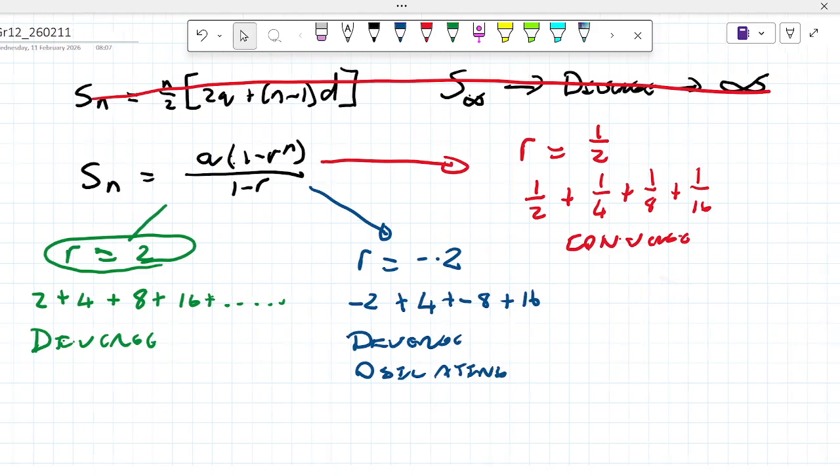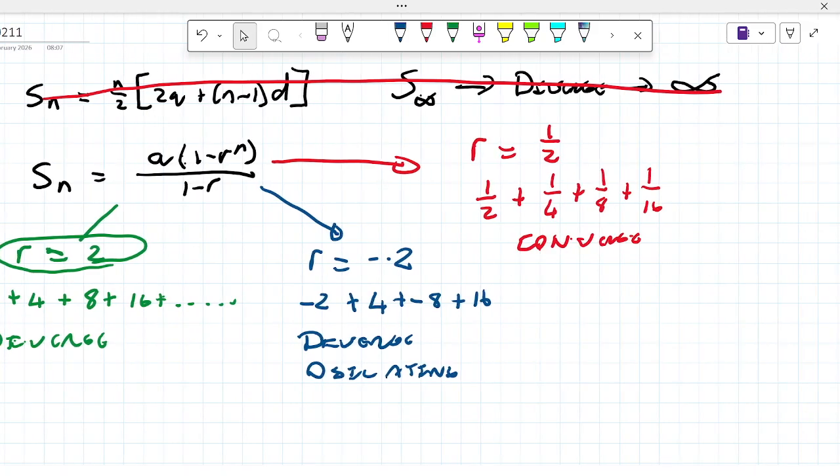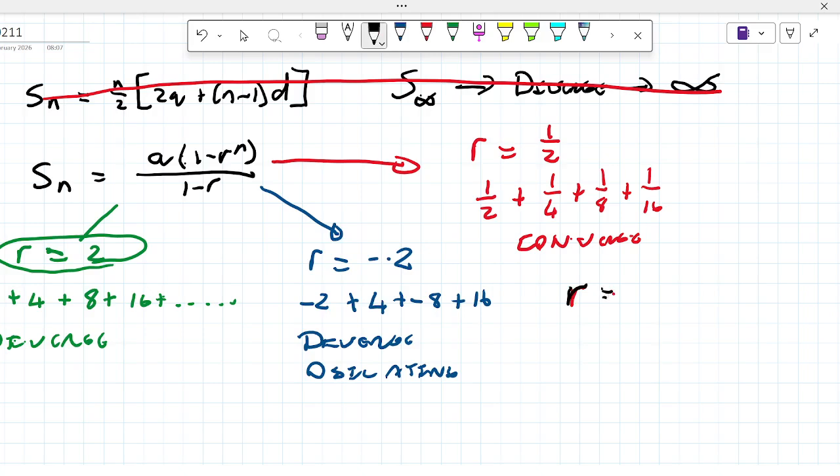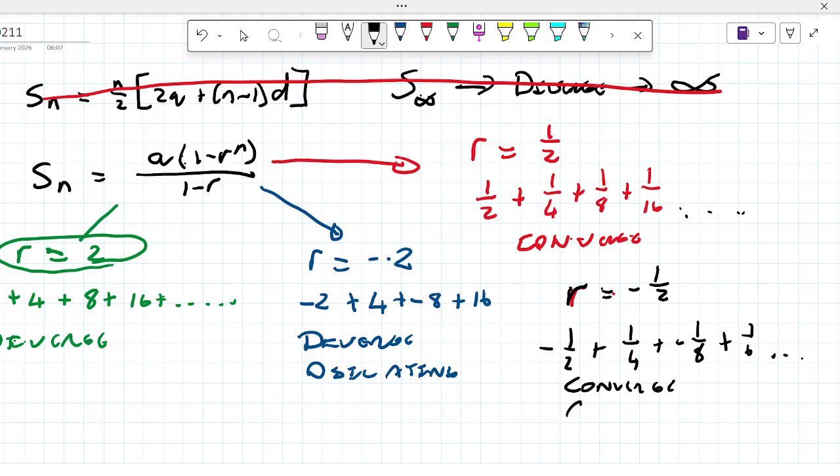Now, obviously, there is another option as well, and that is if this r is negative a half, then I'm going to have negative a half plus a quarter plus minus an eighth plus a 16th and so on. So this also converges and it's also oscillating.